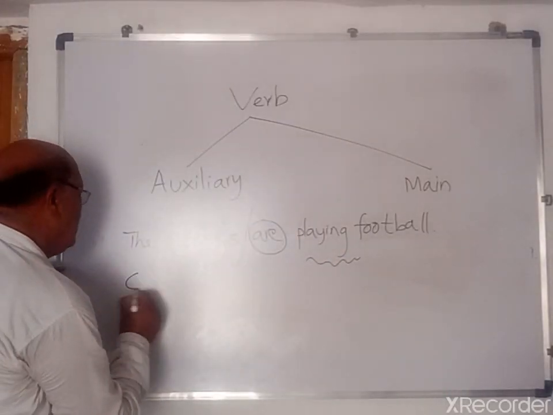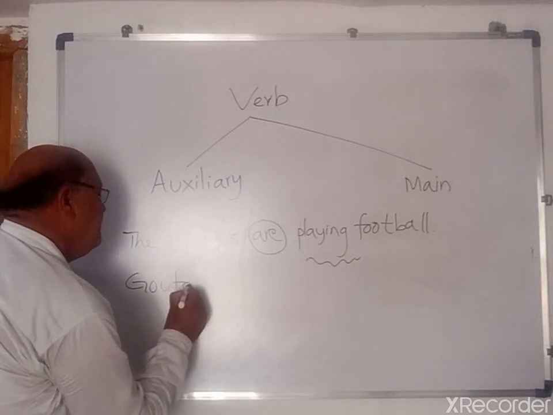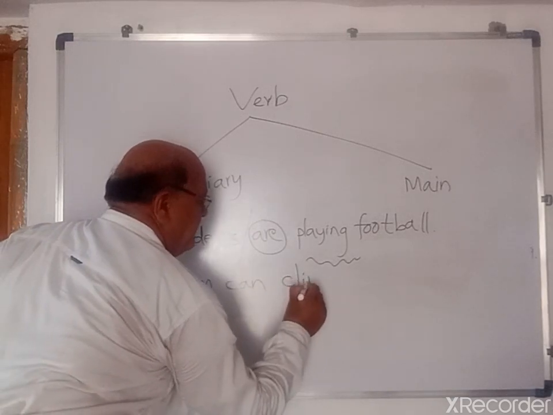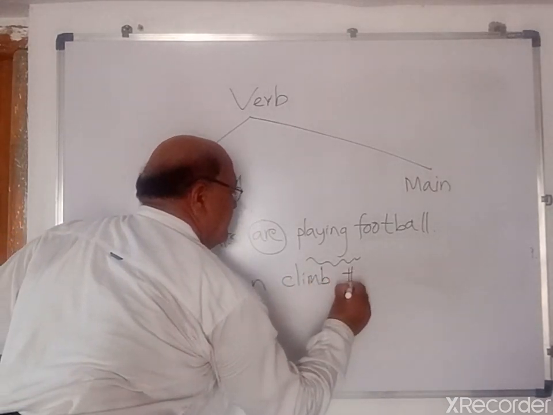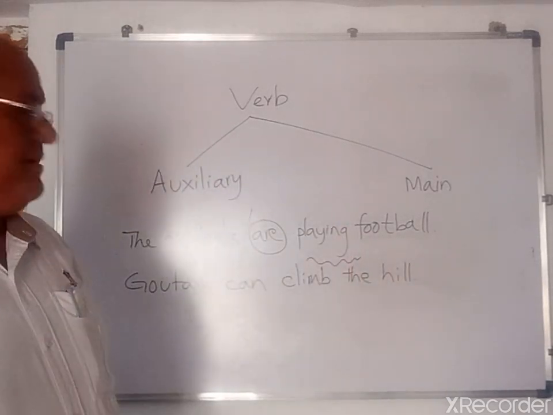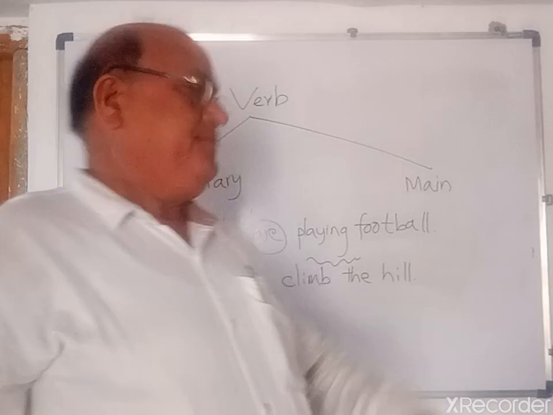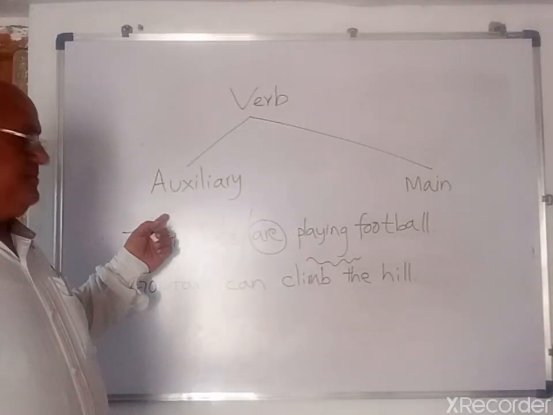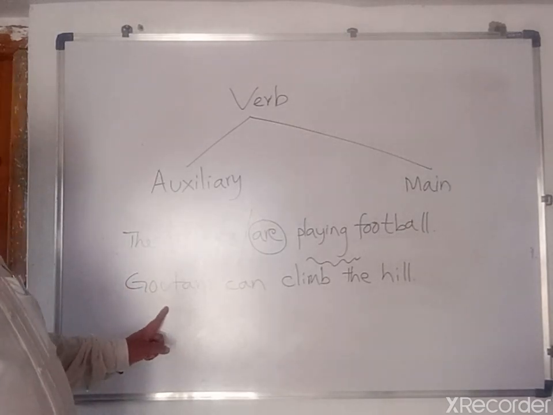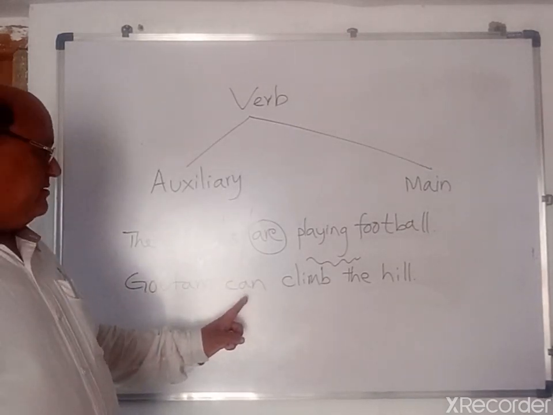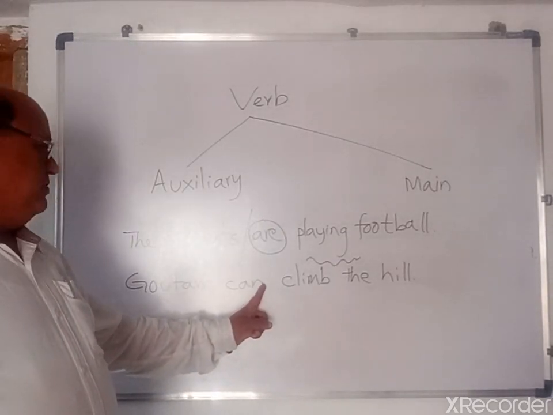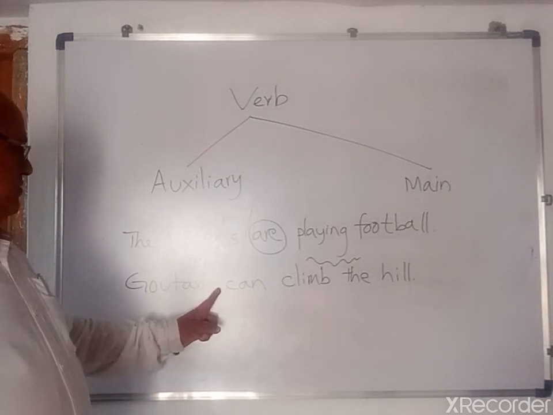Next, Gautam can climb the hill. Again, like this, divide the sentence into two parts. First one is the subject. Up to which? Gautam can? No, up to Gautam.